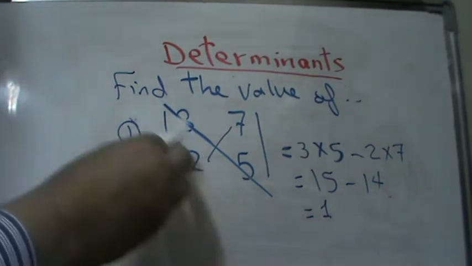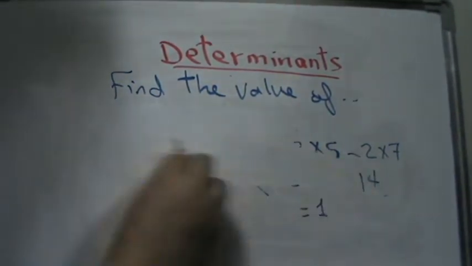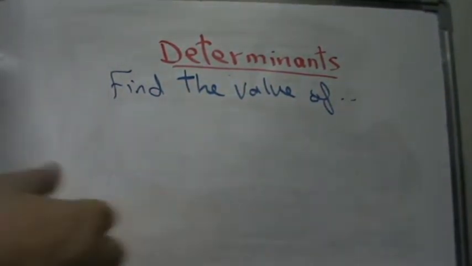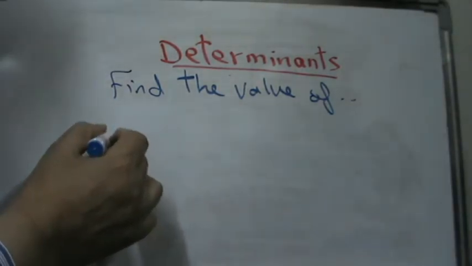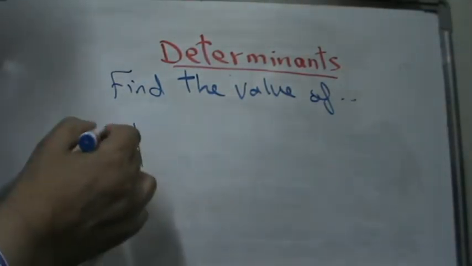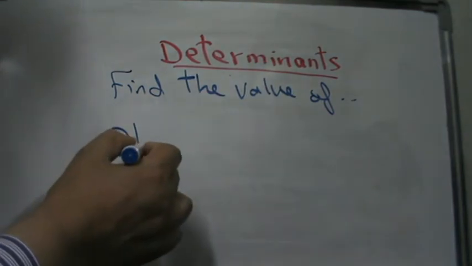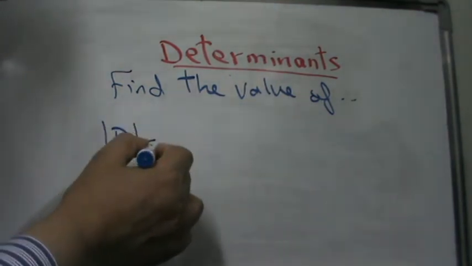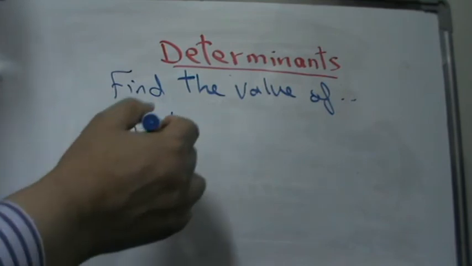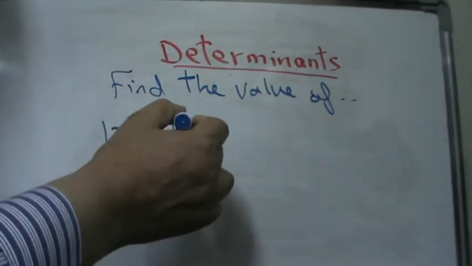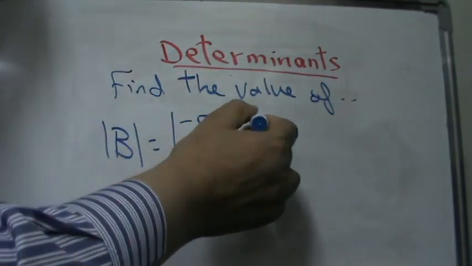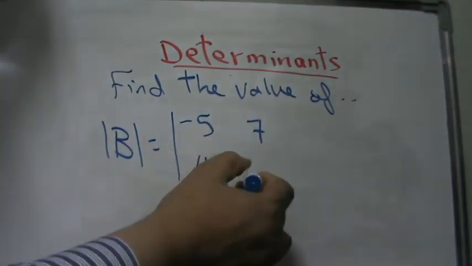Another example. If you have determinant B equal to the determinant of negative 5, 7, 4, negative 2.